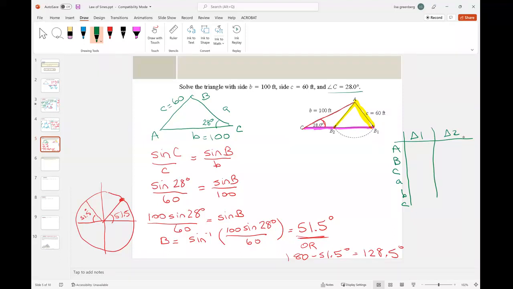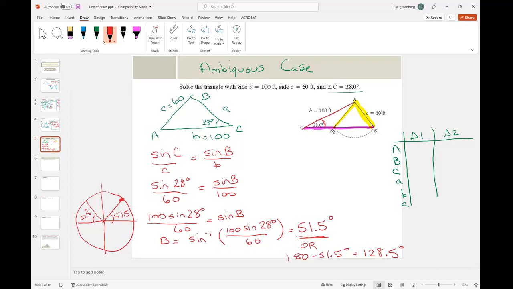This is called the ambiguous case, because I only have one angle, so the other angle has multiple possibilities. This could make either 0 triangles, 1 triangle, or 2 triangles. And I will show you how to figure it out.